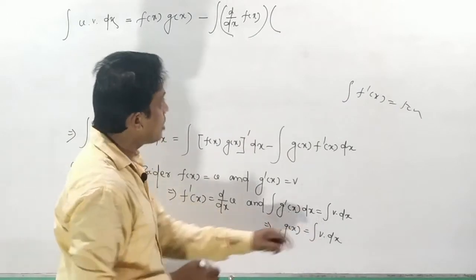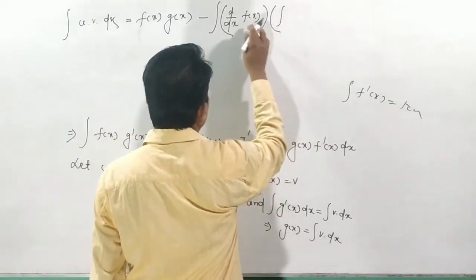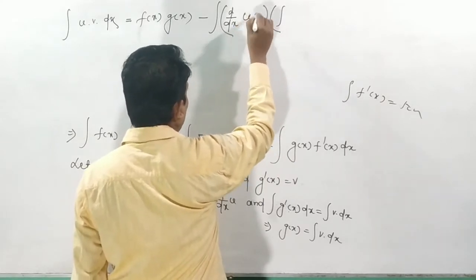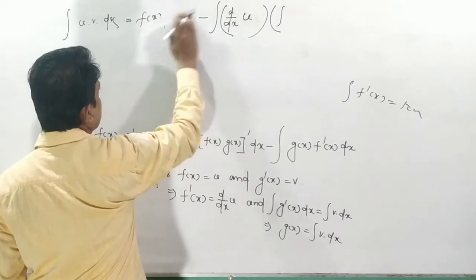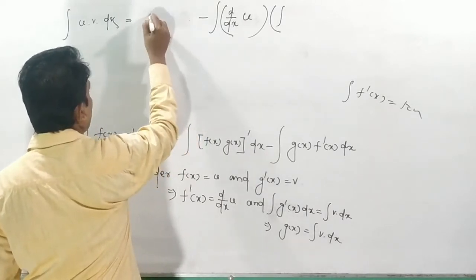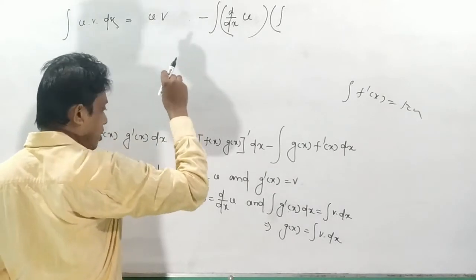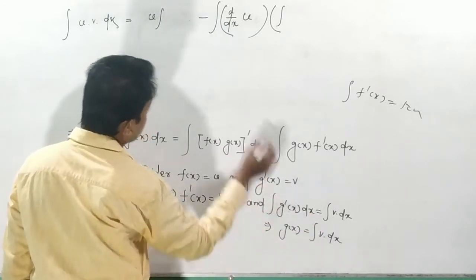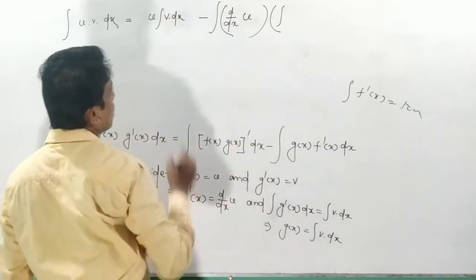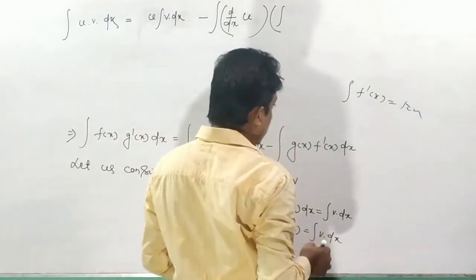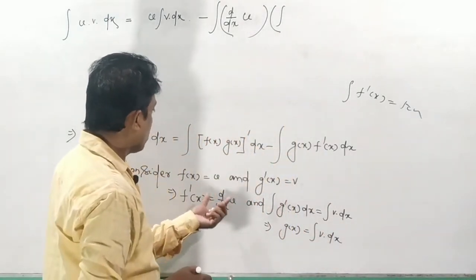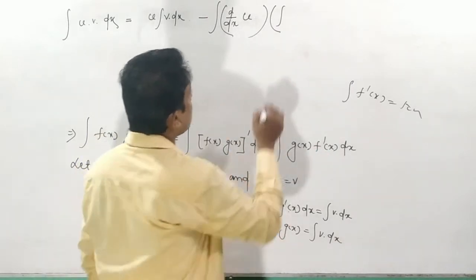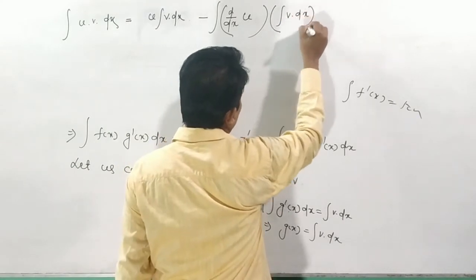Now mark it, g(x) is the integration of v into dx. So f(x) into g(x) is u into the integration of v into dx, minus the integration of d/dx of u into the integration of v into dx, whole into dx.